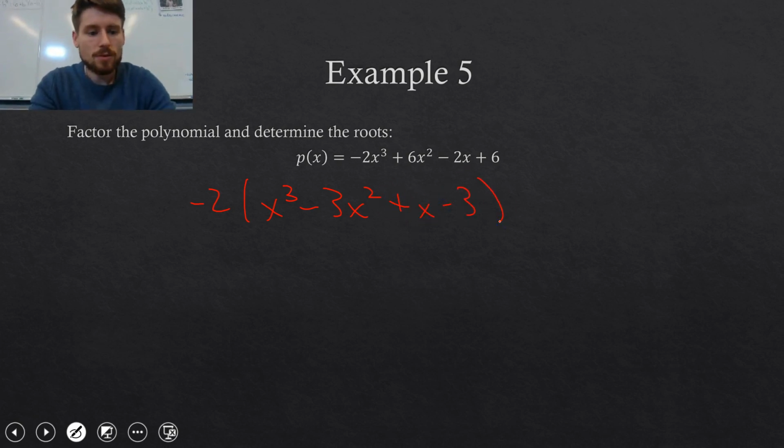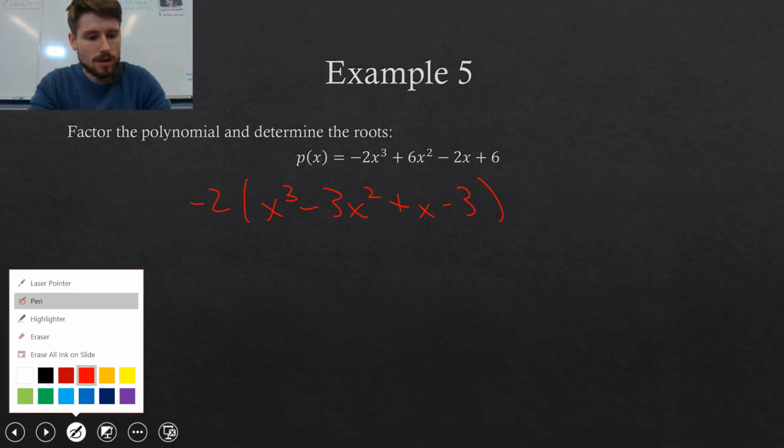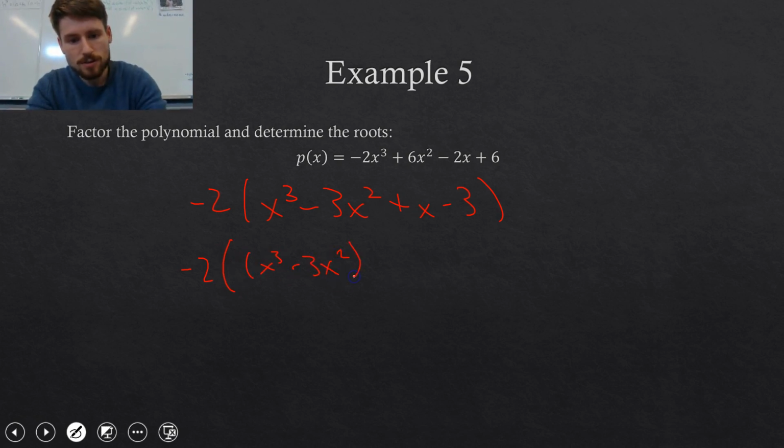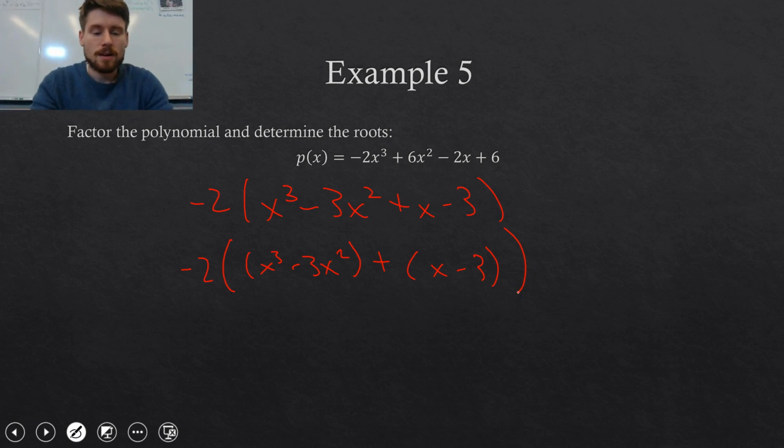And now we group the first 2 terms and the last 2 terms, so let's go ahead and do that. We have minus 2 stays in front, and then I'm going to group x cubed minus 3x squared, those terms, plus these last 2, x minus 3, and then factor each of these by grouping, right? So greatest common factor of the first one, that's going to be x squared.